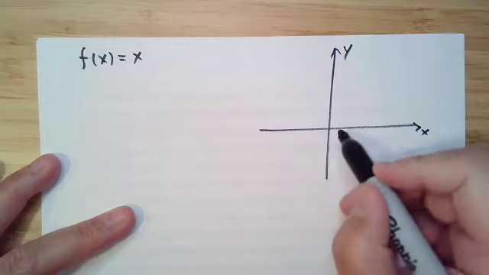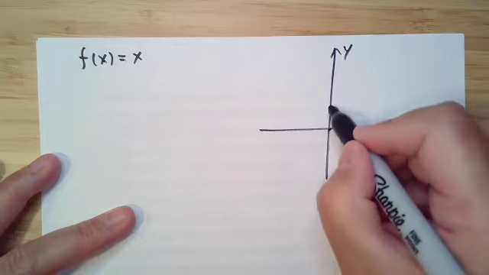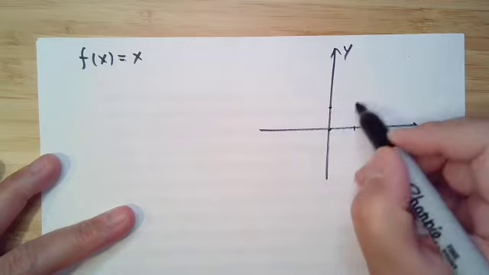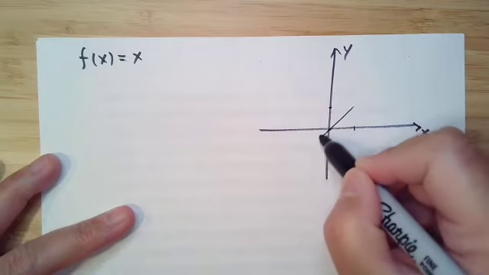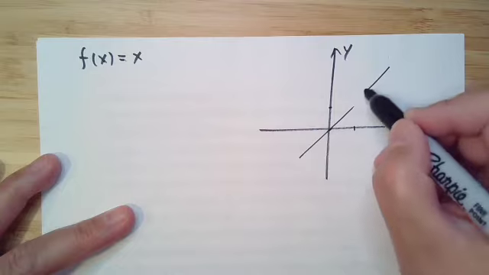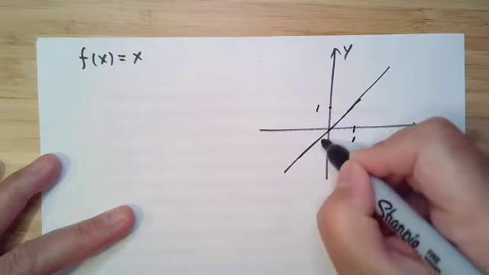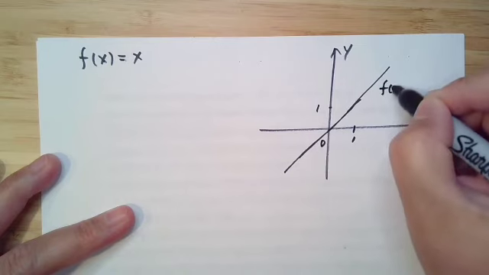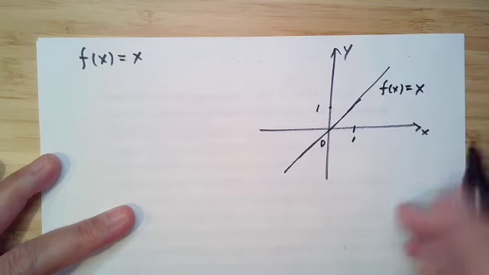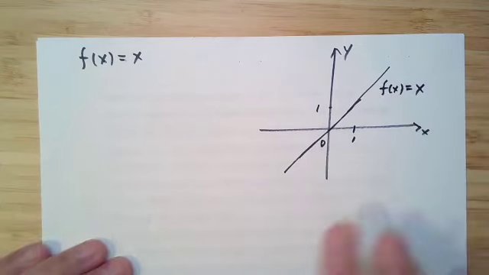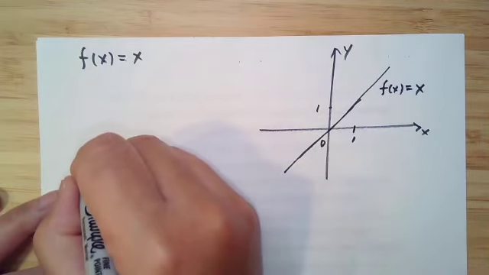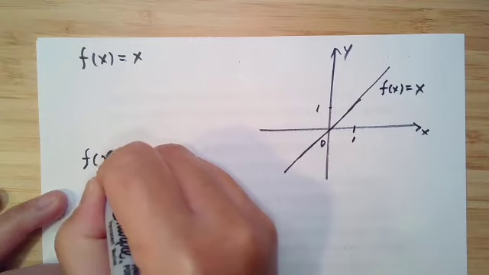The slope is 1, and it's a direct variation. So it is actually the 45-degree straight line. Okay, so (1, 1), (0, 0), and this is f of x equals x. This is the parent function of all linear functions. All right. Now, how about if I ask you to graph f of x equals x plus 2?